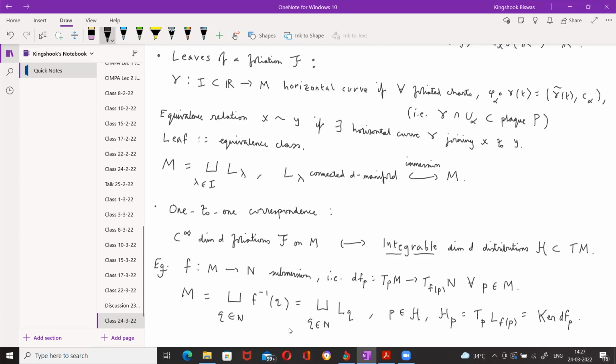S^n when n is even. So S^2, for example. The Hairy Ball theorem says you cannot have a one-dimensional foliation of S^2. So foliations need not always exist.